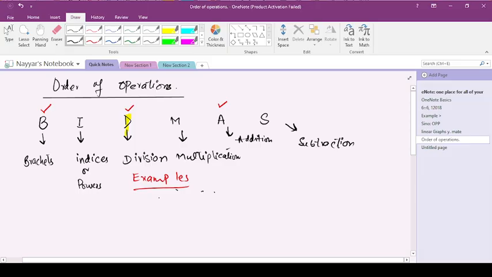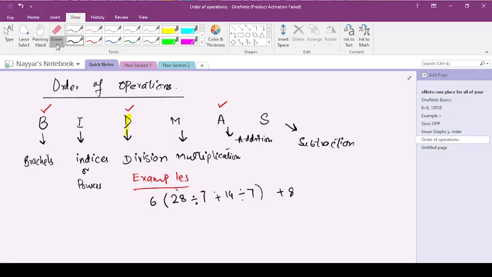You can have multiple operations in the bracket as well, like this: 6 times the bracket 28 divided by 7 plus 14 divided by 7, plus 8. First, according to BIDMAS, which operations are there? We have a bracket. There is no sign between 6 and the bracket, so the multiplication is happening. So the bracket, the multiplication and the addition are there.